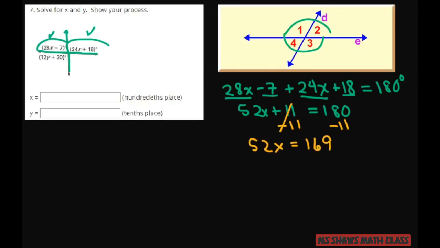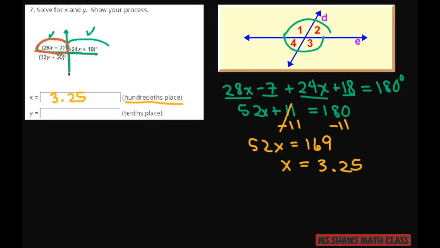Now dividing both sides by 52, you get x equals 3.25. And you're going to round that to the nearest hundredth place. So basically it's going to be 3.25.